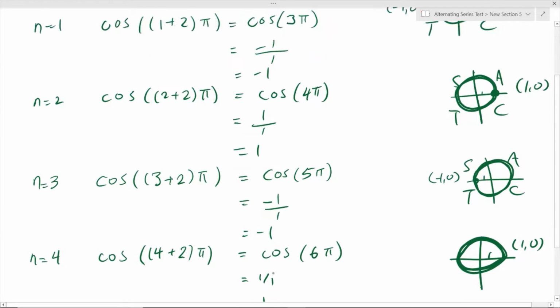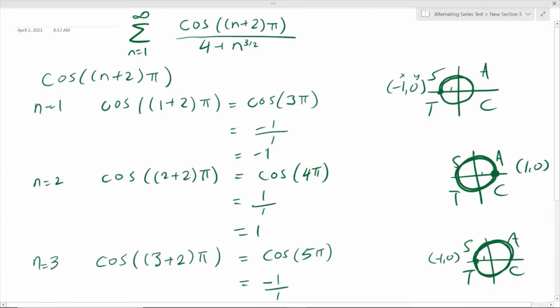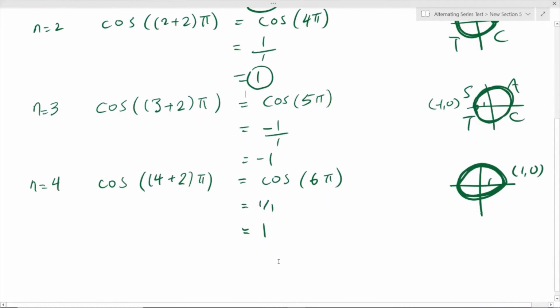So as we can see here, this is -1, this is 1, and then it goes to -1 again, and then it goes to 1 here. So we can see that it alternates. So this exhibits the -1 to the exponent of something in an alternating series.